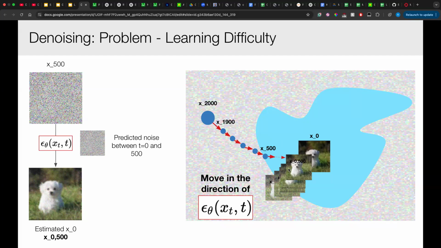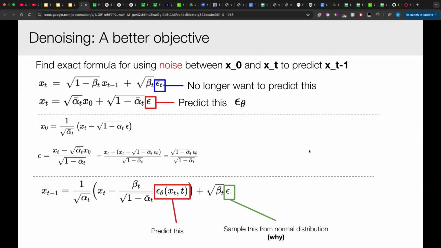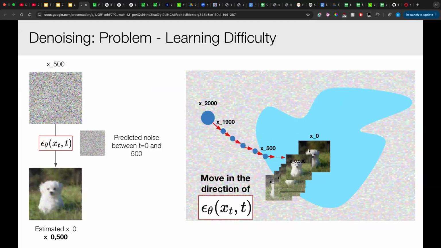So the assumption is by time step 1, we're pretty much pointing at the original image. Does that intuition make sense? And remember, our arrows are the amount of noise we add or subtract.